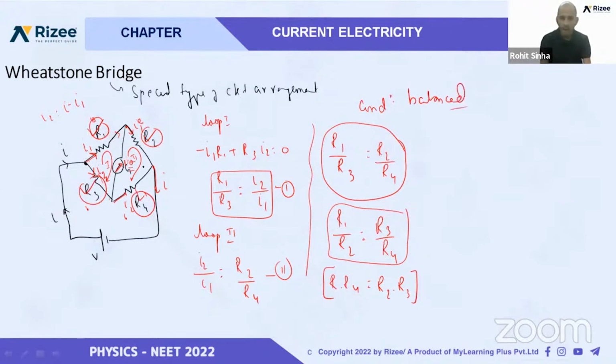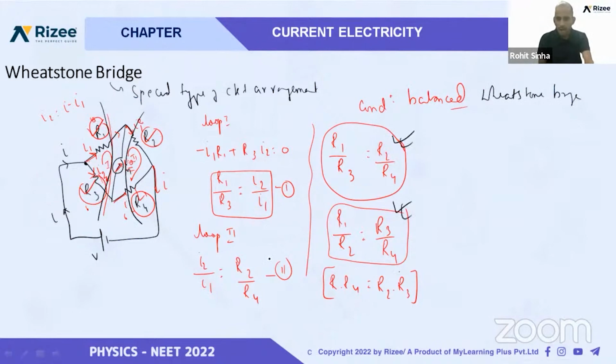Because to have Ig equal to 0, we are balancing the left part and the right part. What is the condition for a balanced Wheatstone bridge? This.